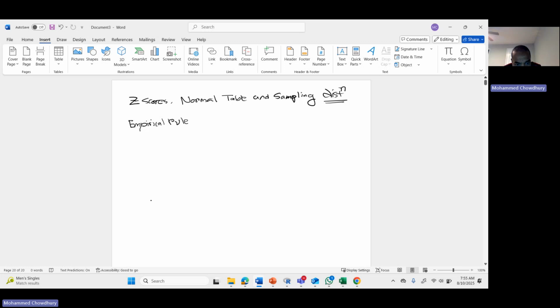Now in the empirical rule, what we did: if we have a quantitative variable and construct the histogram and add the top middle point of each bar, then within one standard deviation from the mean, suppose this is my mean, which is x bar, okay?